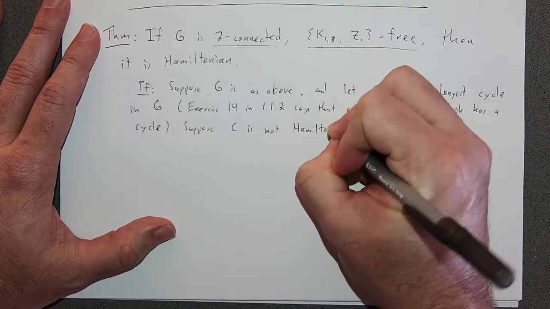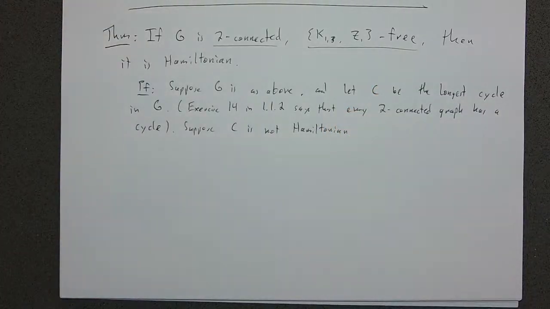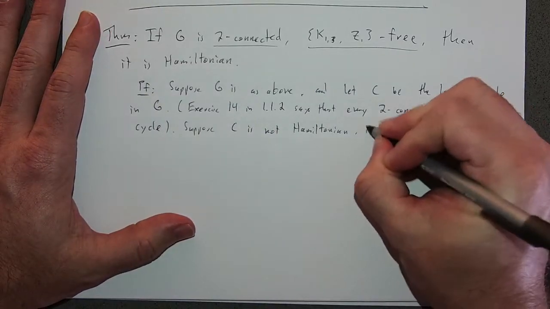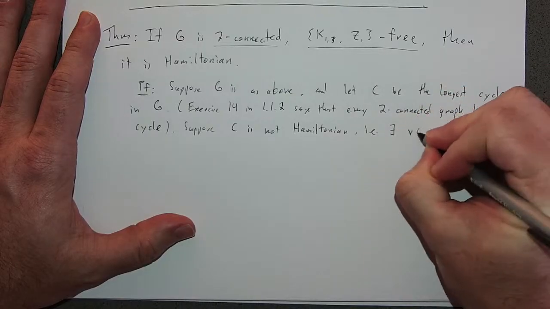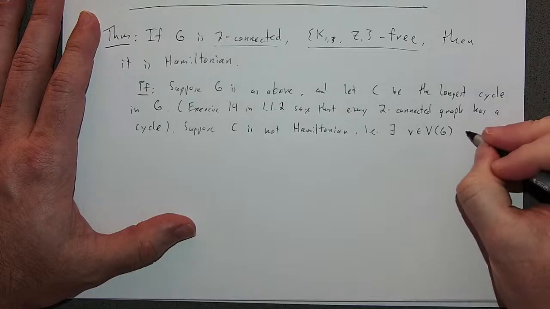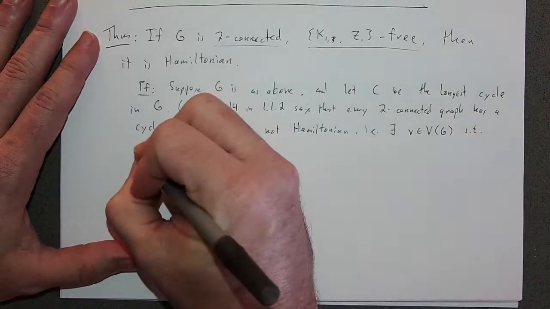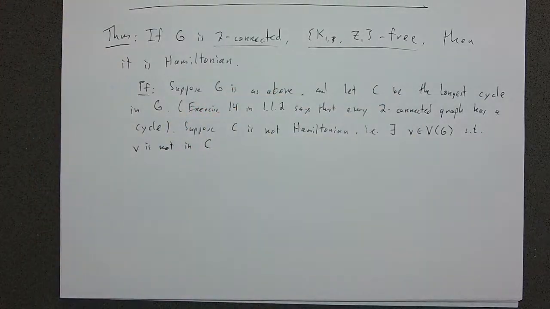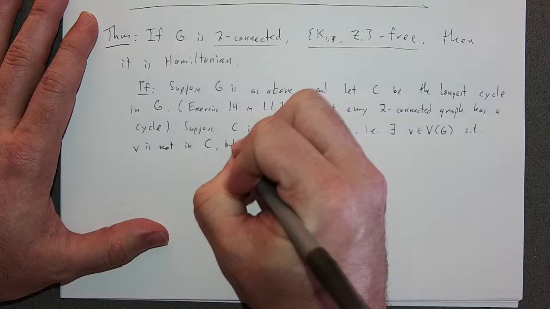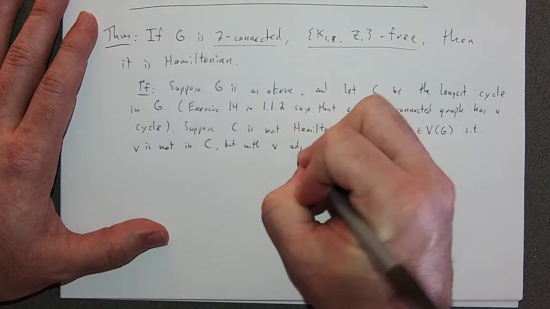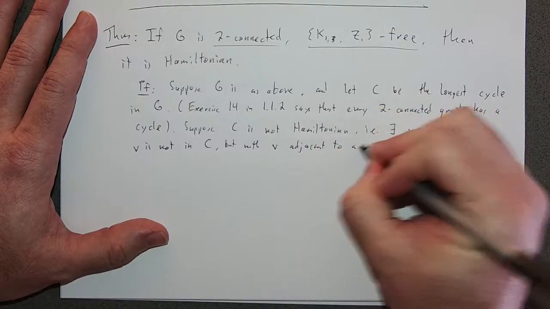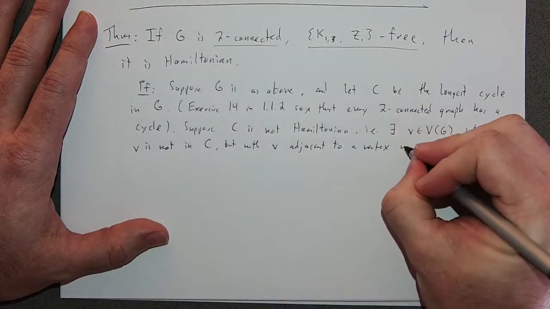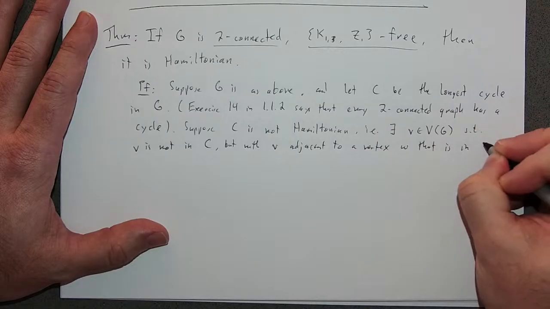But being not Hamiltonian means that it can't span all of the vertices of G. There has to be some vertex in G that is not in this cycle, i.e., there exists some vertex V in the vertex set of G such that V is not in the cycle C, but with V adjacent to a vertex, say W, that is in C.